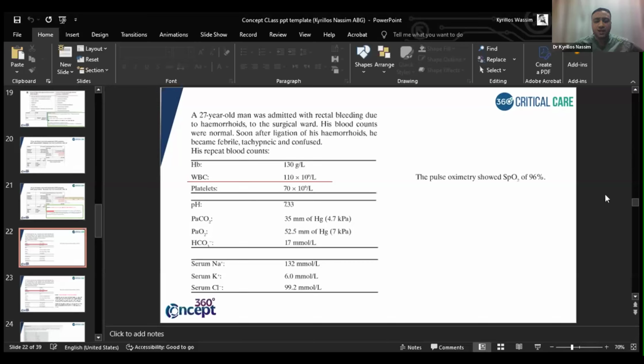And the pH is low. The PaO2 is 52 millimeters, and the electrolytes show that the pulse oximetry SpO2 is 96. So what is happening here in this case?